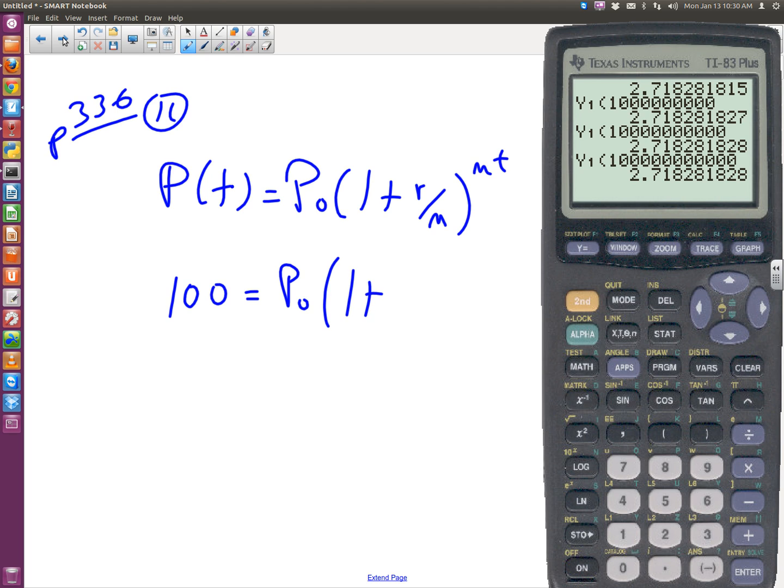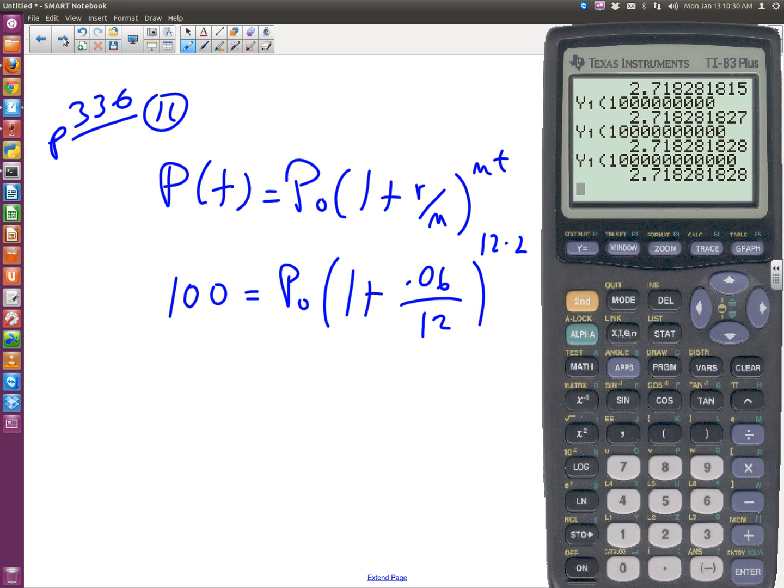Now, they said that you're investing this at 6%. What's r? 0.06, 6% over 100. And you're compounding this monthly, so n is how big? 12. And you're doing this for 2 years. So n is still 12, but t is 2 years. There you go. So, right, so to the 24th.